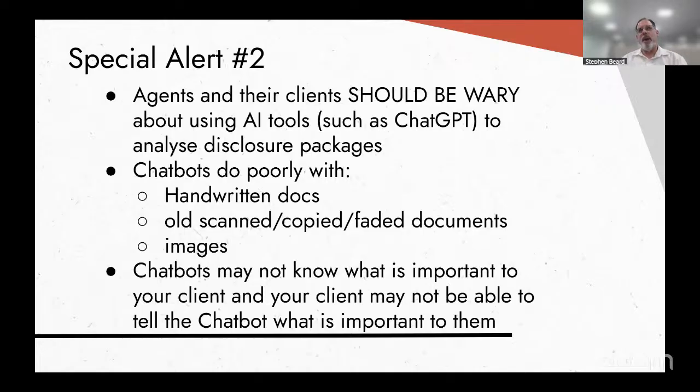So be wary about it. That doesn't mean it isn't going to be a resource. It might be even a resource for you. I'm not saying you shouldn't take a look, but it is certainly not an excuse for you not to read the package, right? That's really bad, because you need to learn what's in these things as real estate experts.